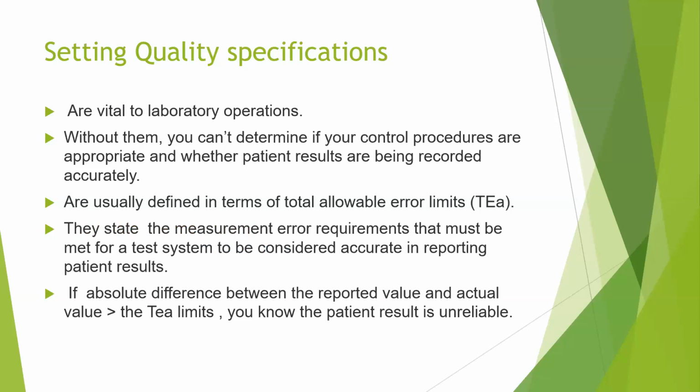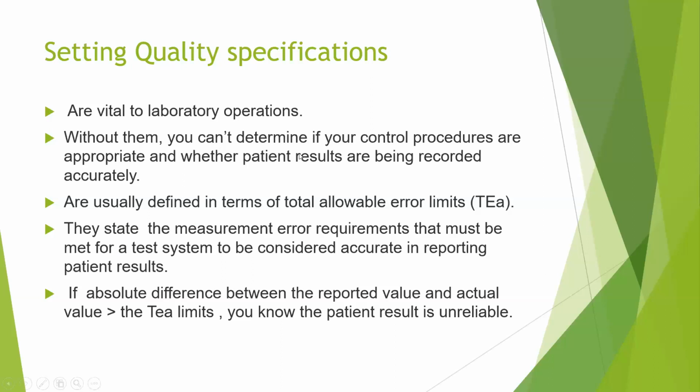If you don't set quality specifications, you don't know whether what you're doing is right or not right, and whether your patient results are recorded accurately or not accurately. You need to set your quality specifications in terms of your lab's total allowable error limits. And these quality specifications state the measurement error requirements that must be met for a test system to be considered accurate in reporting patient results.